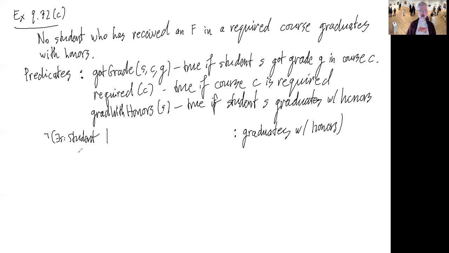Because we're saying no student that does a thing we don't like graduates with honors. Well, what's this thing here? It's they received an F in a required course. S received an F in a required course.